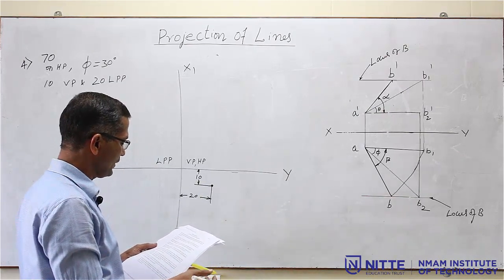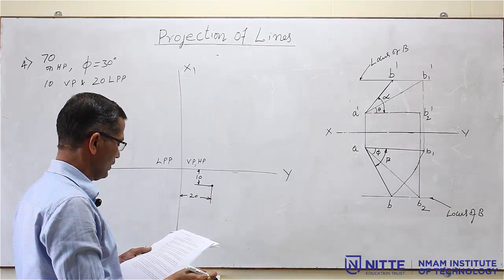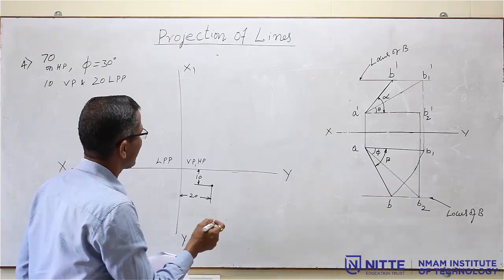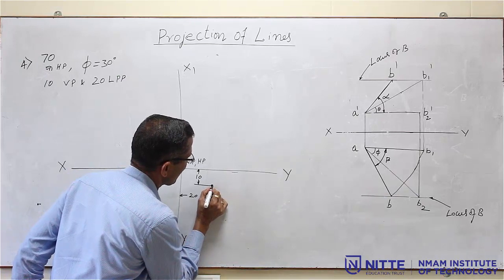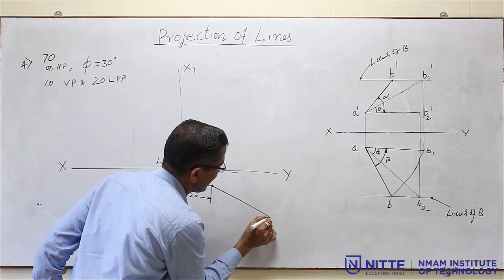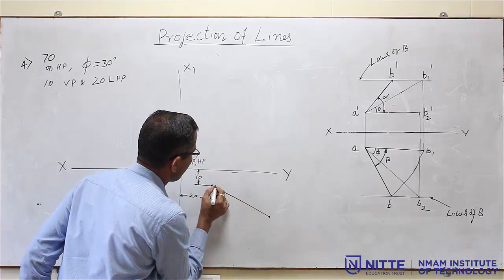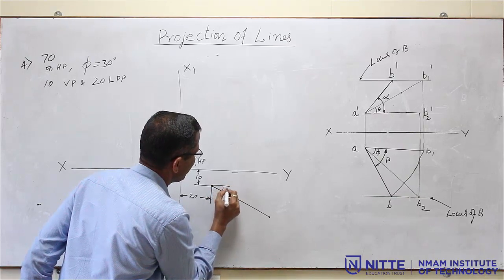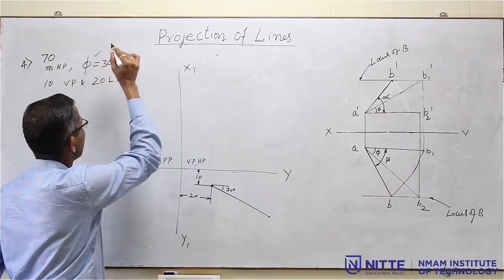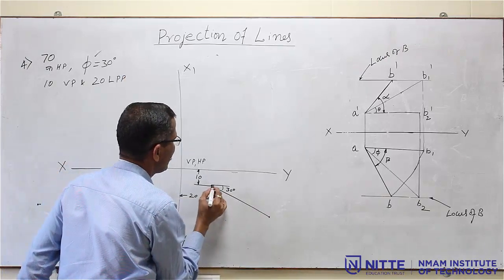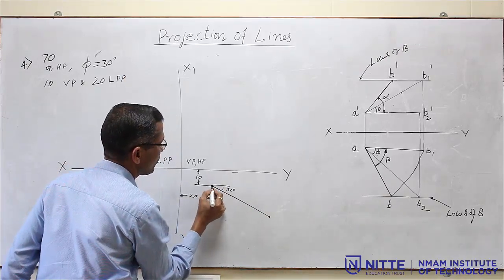And length of the line is 70 mm and inclination is 30 degrees. So, from here you have to draw a 30 degree line, length is 70. So, this angle is 30 degrees, that is phi 30 degrees, and this length is 70. So, you have to dimension it.